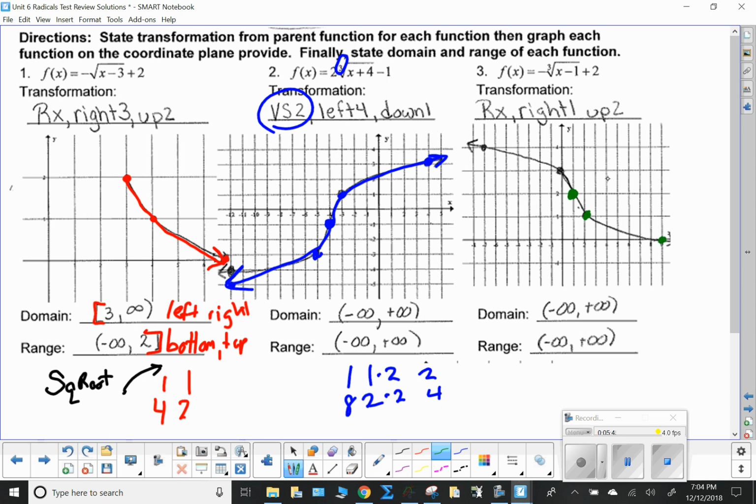What I do on the right, I do opposite on the left. And then I connect with my smooth curve. Now the domain and the range for cubics is always negative infinity to positive infinity. It goes up forever, down forever, left forever, right forever.